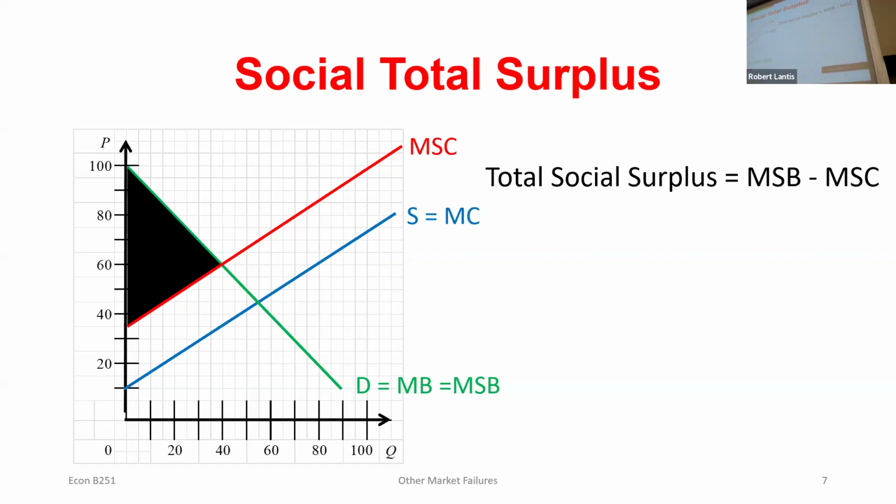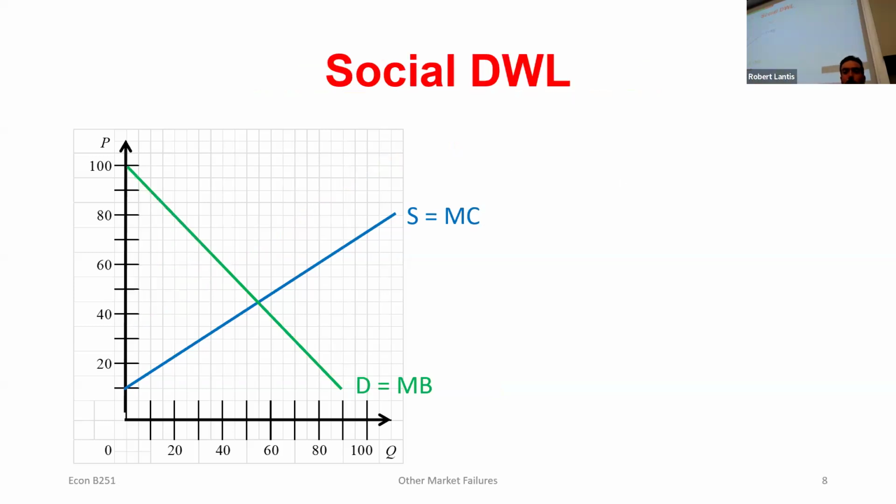Now, this gets a little bit tricky. I don't think it's as tricky as subsidies. But if we allow this market to operate freely and don't get involved at all, they won't factor in those external costs. So where would the market get to here? Well, the private marginal benefits are greater than the private marginal costs all the way up to this quantity of 55.